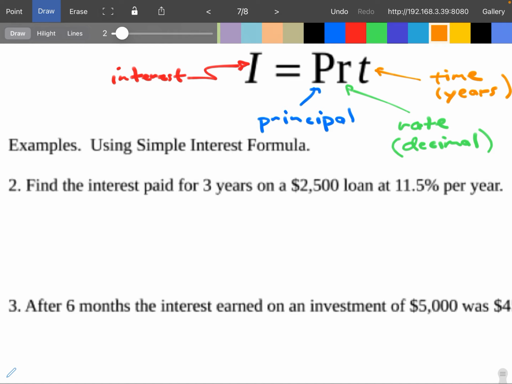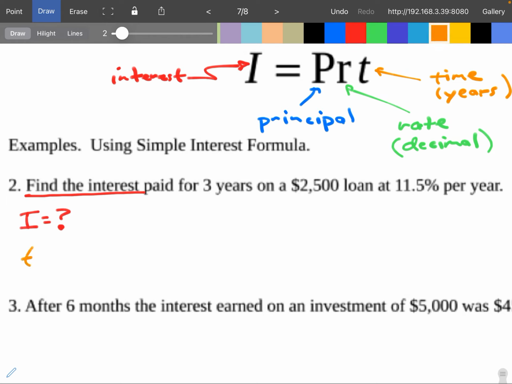So let's look at number 2 there. It says find the interest. Let's label all the stuff. If it says find the interest, then that's the thing you're looking for. Basically, this formula has 4 variables in it.